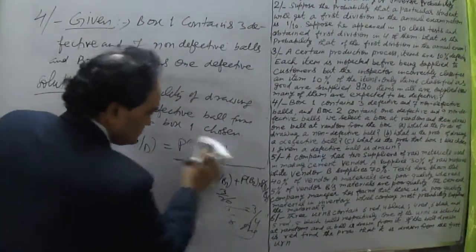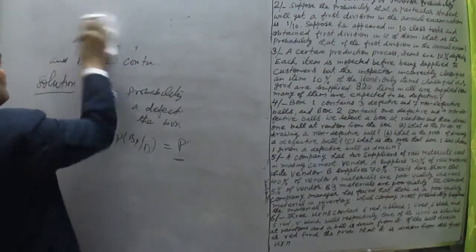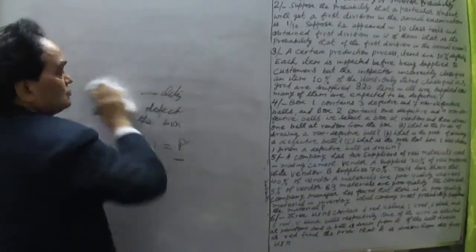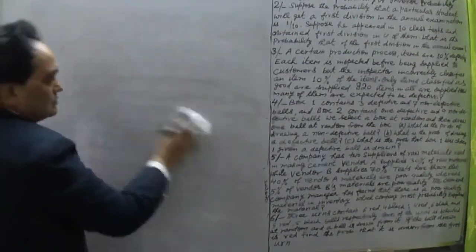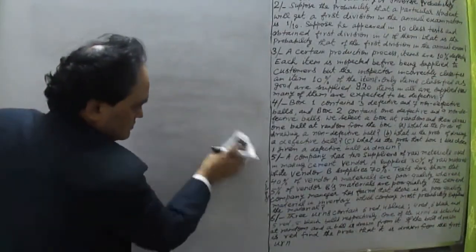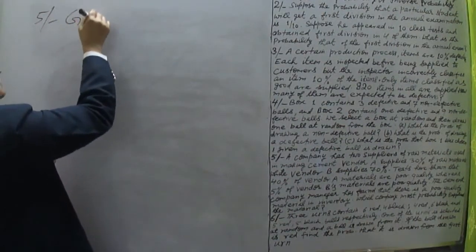Now, what is question number 5? Let me just talk about that. Question number 5, what does it say? Yes guys, so question number 5, it says what is given to us.